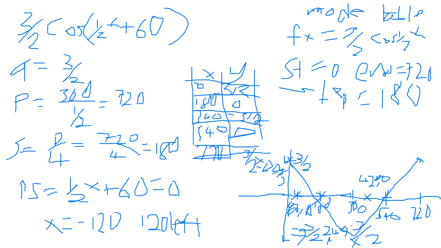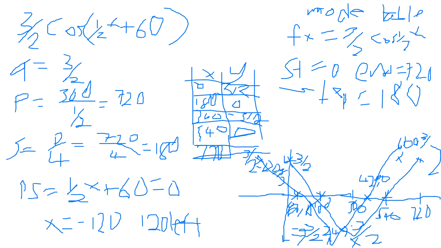So if I subtract 120, it will come somewhere here, and it's going to be 600 and 3/2. So you get your points very easily. Then you can just join your points like this. And you will see that the graph has shifted 120 units to the left, as we can see.